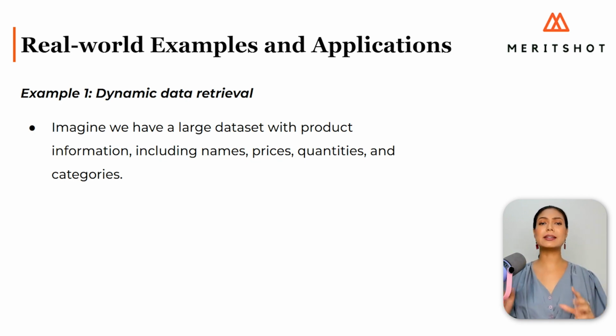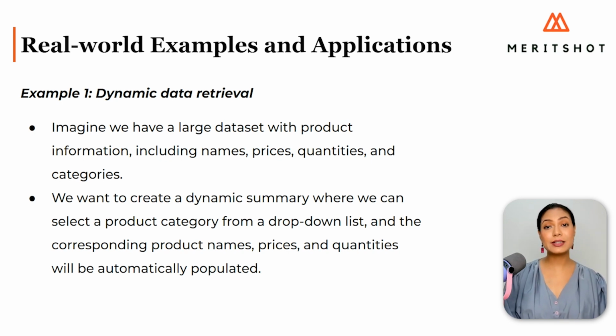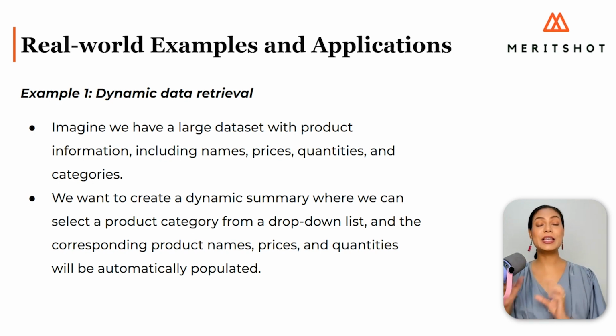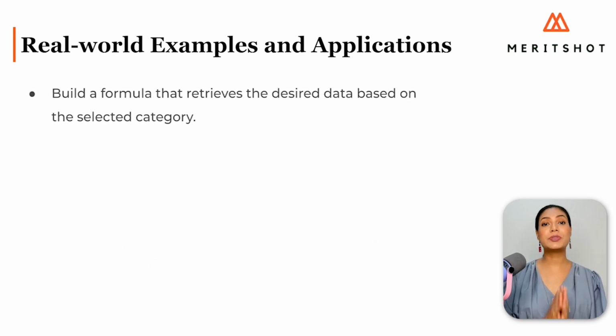We want to create a dynamic summary where we can select a product category from a drop-down list, and the corresponding product names, prices, and quantities will be automatically populated. By using INDEX and MATCH, we can build a formula that retrieves the desired data based on the selected category.